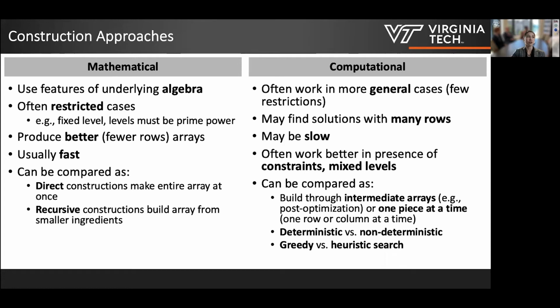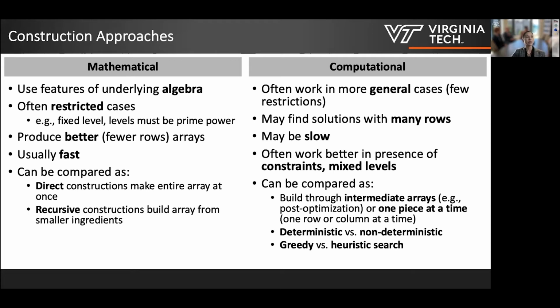Mathematical constructions use features of an underlying algebra. They usually work for restricted cases. So a mathematical construction might only work for fixed levels. It might also only work when levels are a prime power or a prime number or some other specific case.